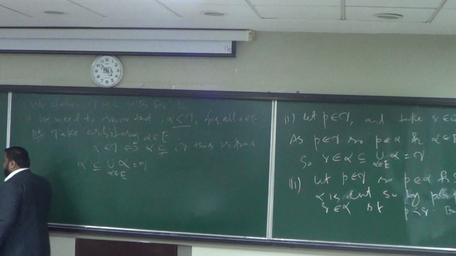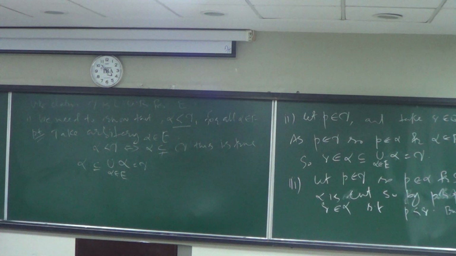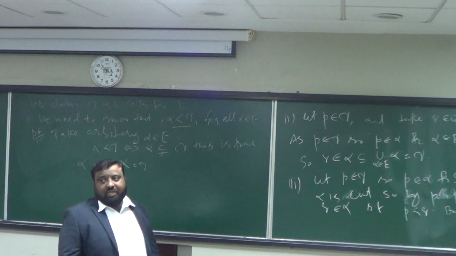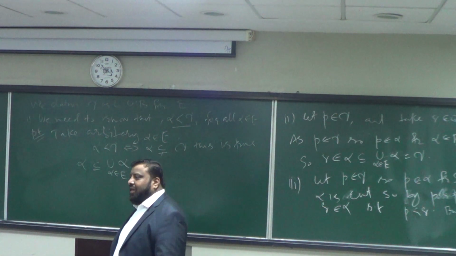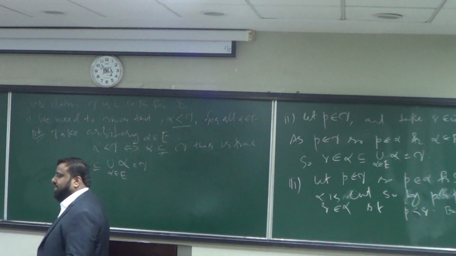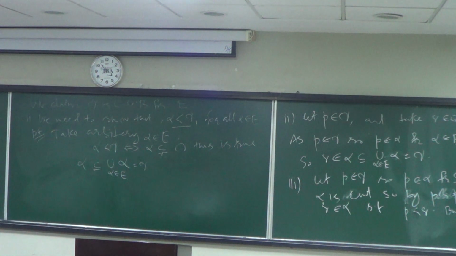So the first property is pretty much obvious. It is obvious, but as I said, this course is about proving obvious things. Nothing is obvious; we have to justify what we have learned is obviously true.